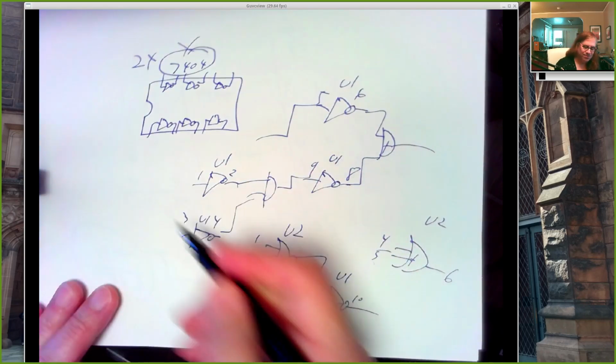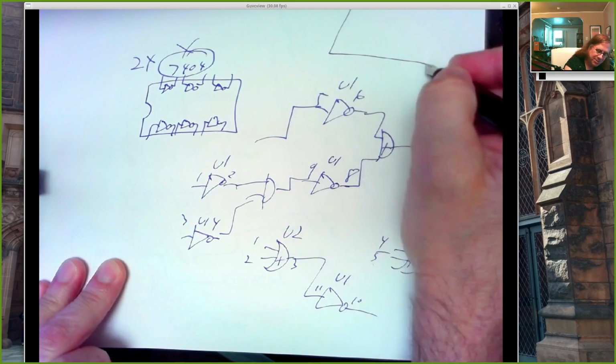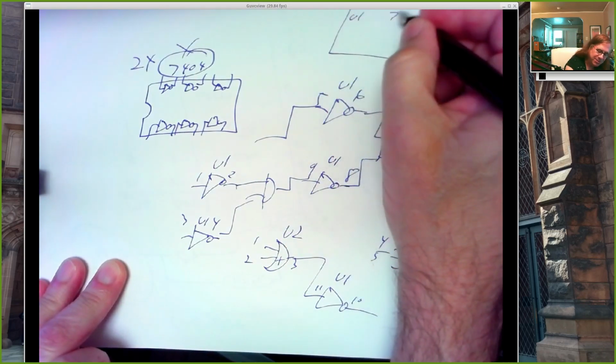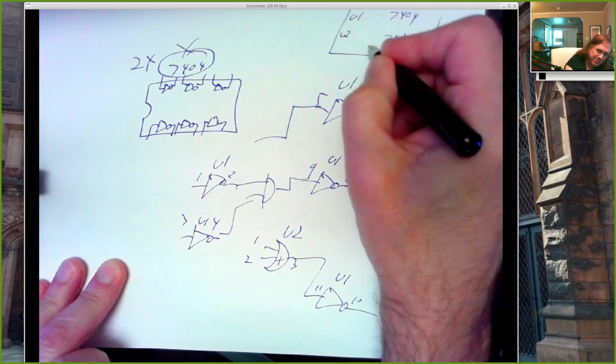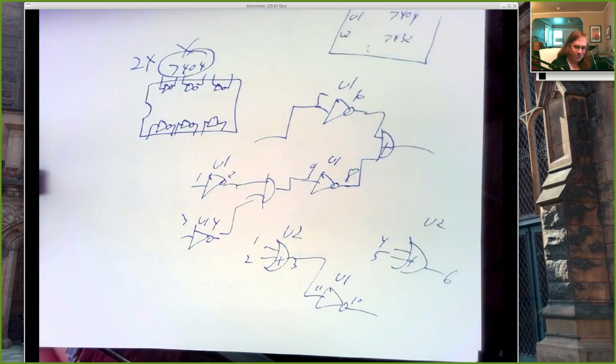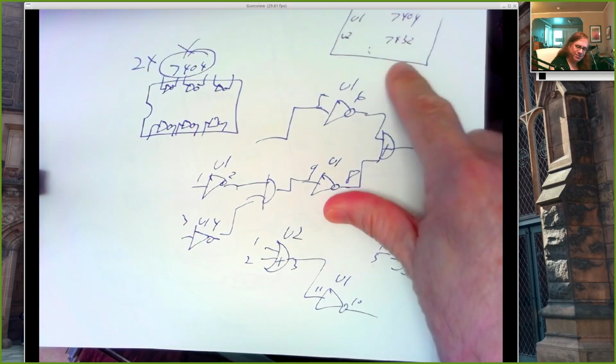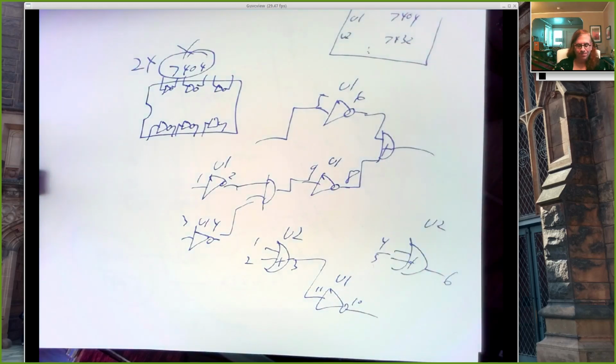And as you're building this diagram, you're making your component ID block up here. So U1 is a 7404, U2 is a 7432, and so on. And so what do I need? Well, I need one of these and one of these and one of those and so on and so forth.